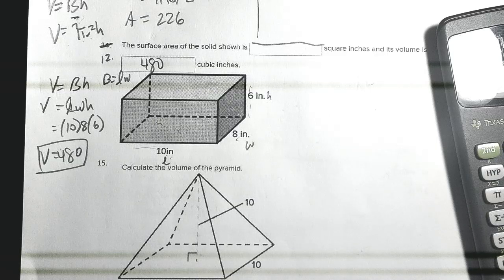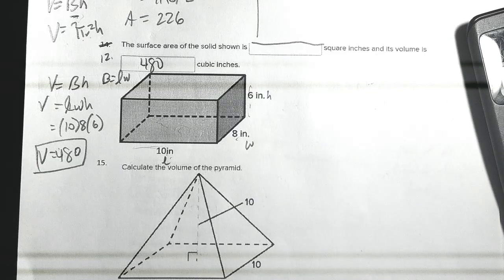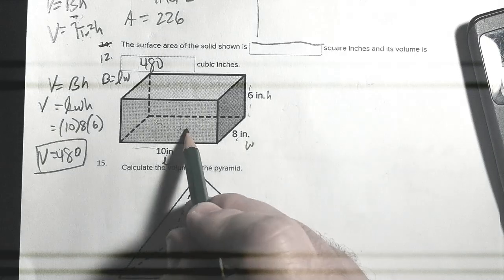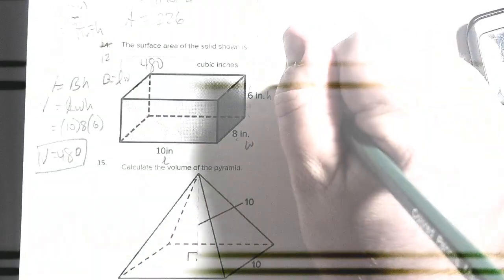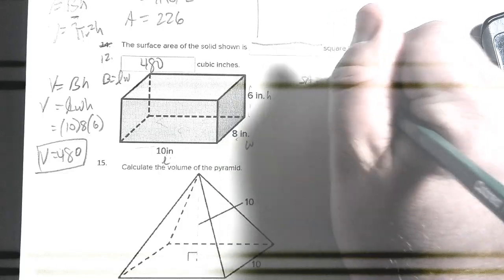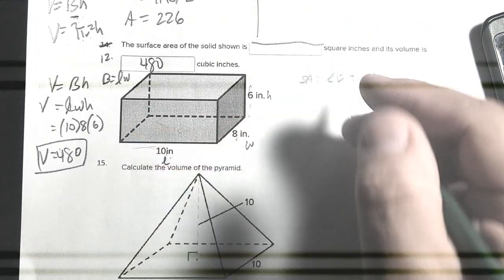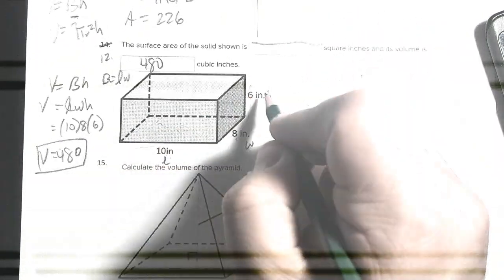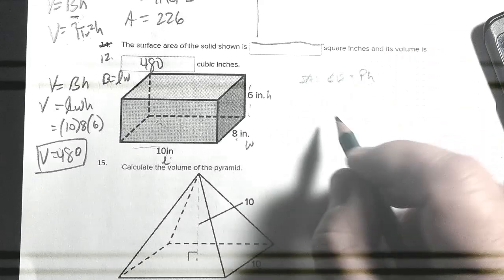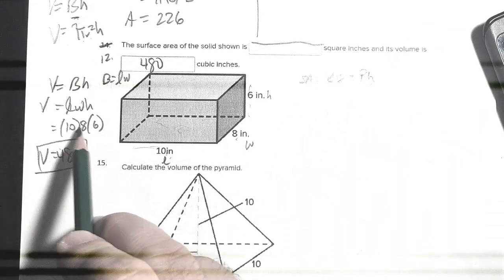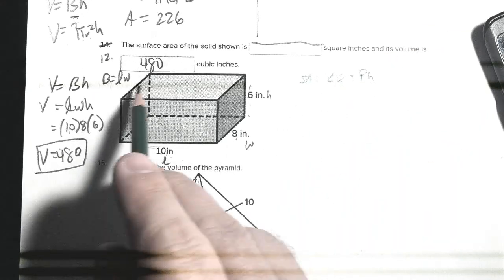And surface area. Prism. Handy dandy deal here. My reference sheet. Cylinder and prism. All right, so this has two bases. See, the one on the top, one on the bottom. So surface area is going to be 2 times the base. Then we need to go all the way around it. So that's the perimeter times the height. So our base area, we already had that over here. It was 10 times 8, length times width, right?